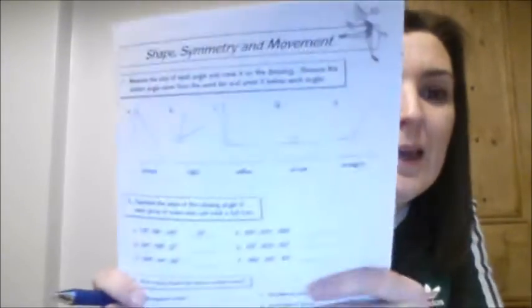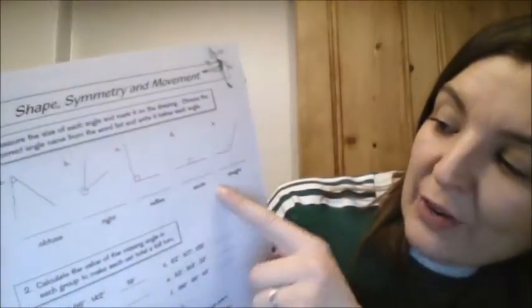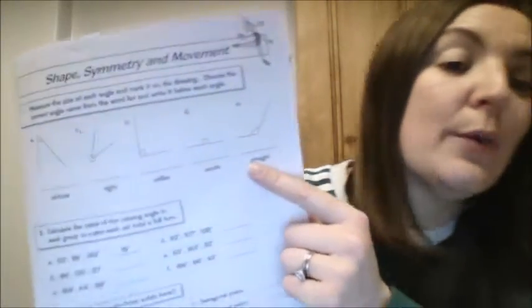So in your first little section, you'll also see you've got reflex and straight. A straight angle is just a straight line. A reflex angle is bigger than your straight line, so it might look something like that.